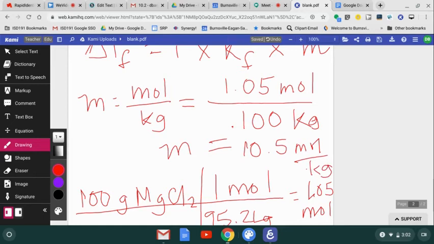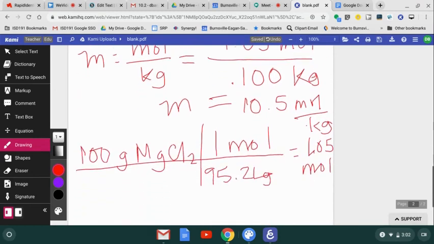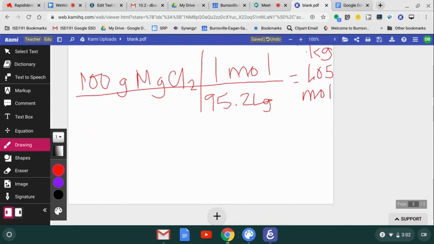Okay, so now that we have the molality, we have all the information that we need for the equation. So let me just rewrite that again. The change in the temperature of the freezing point is going to be equal to i times Kf times molality.